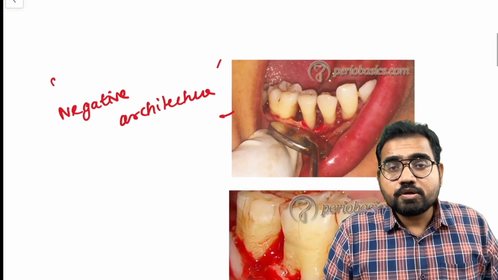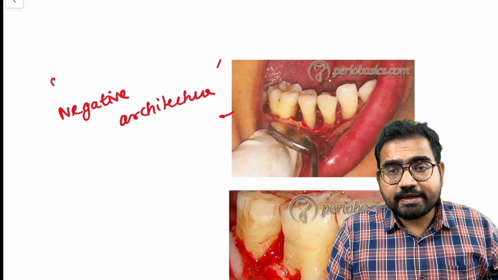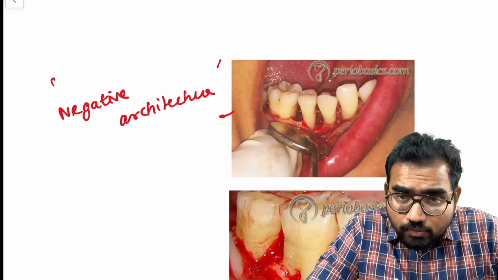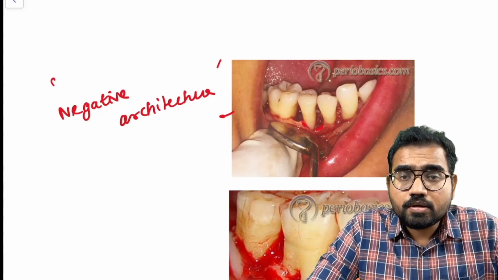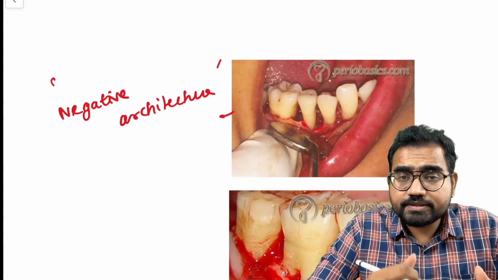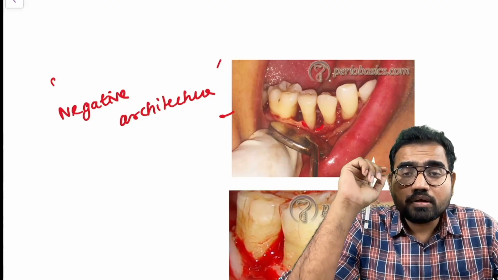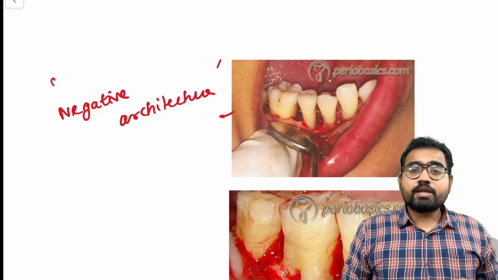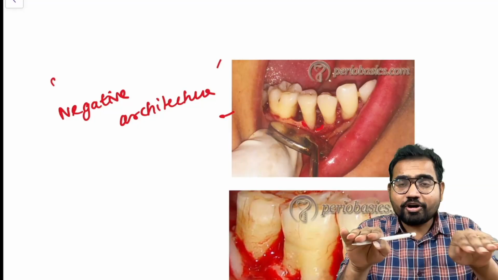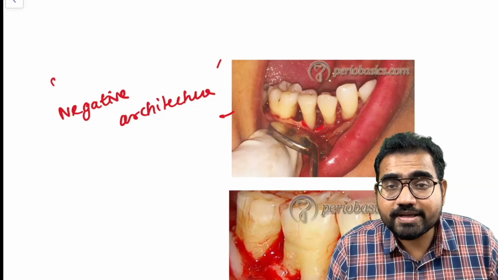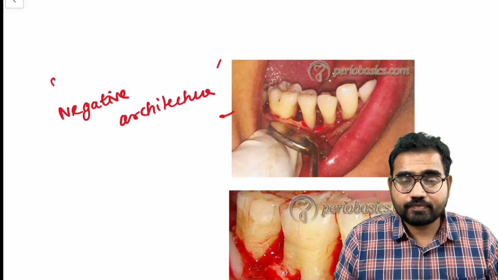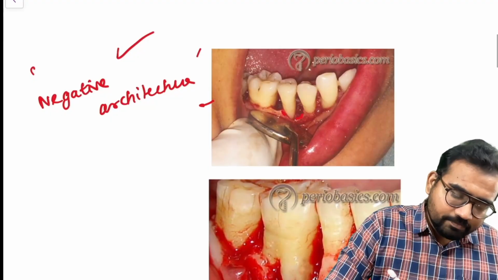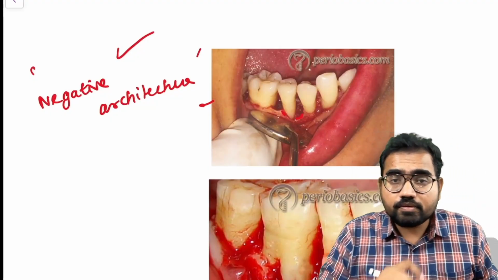Okay, so positive architecture if the interdental bone is above the interradicular bone, negative architecture if the interdental bone is less than the interradicular bone. Fine. Now, if the interdental bone and interradicular bone are at the same level, then that is called flat architecture. Okay, fine, excellent.